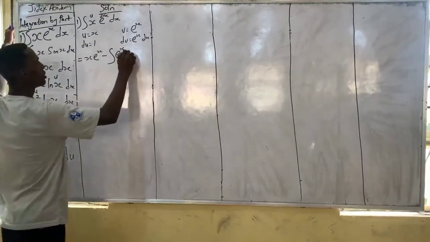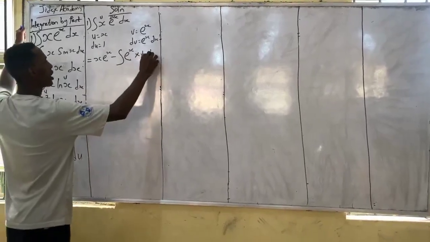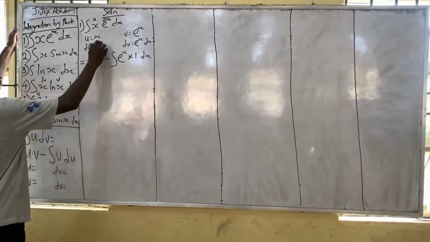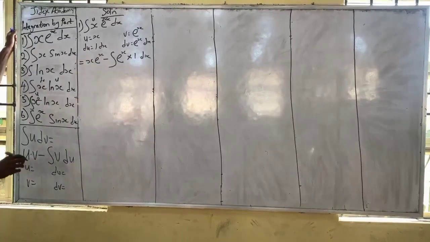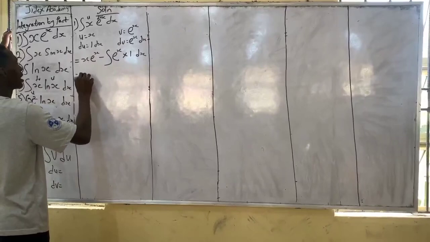This is our du, times 1, then you put our dx. Note, our dx is here. Anything times 1 will still give us the same thing, so we can safely rewrite this.